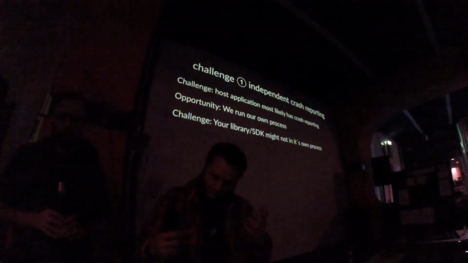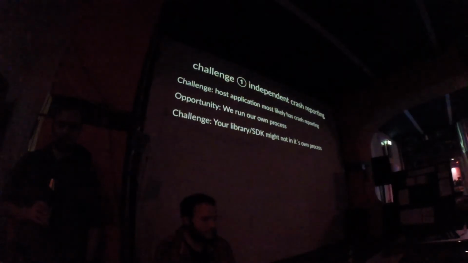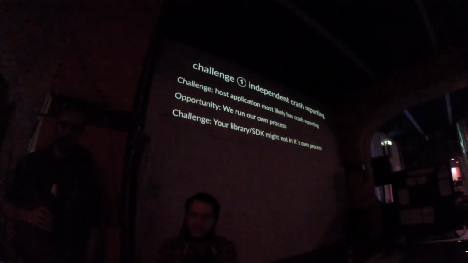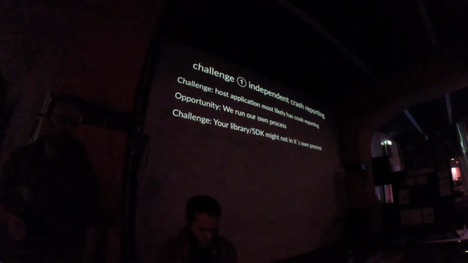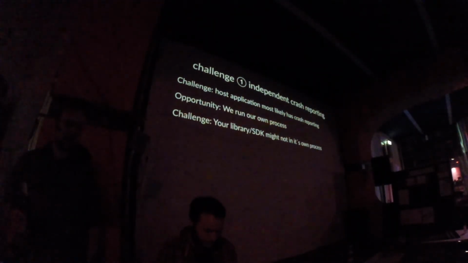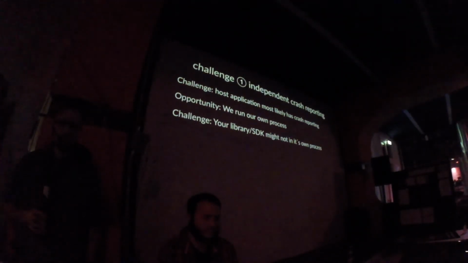Okay. Kind of coming to an end, we've collected some challenges that we haven't fully tackled yet. The first challenge would be independent crash reporting. Most of the apps do crash reporting on their own, but we then rely on the host app sending us crash reports, and usually they set a global exception handler. We would still try, and maybe later in Q&A if somebody has an idea, we are open for suggestions.